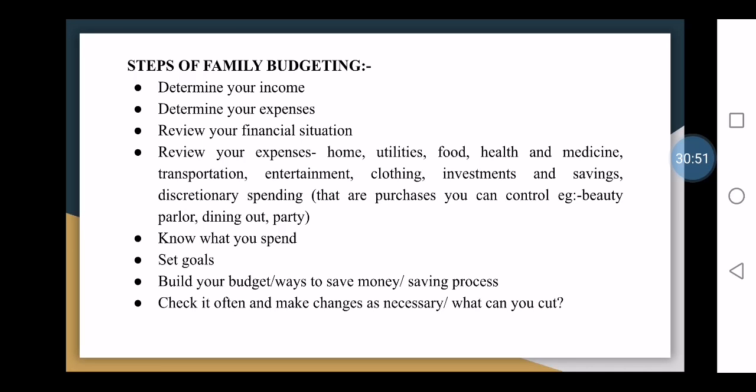And we have seen about the need of health economics, why it is highly needed in this particular era. All these things we have seen.